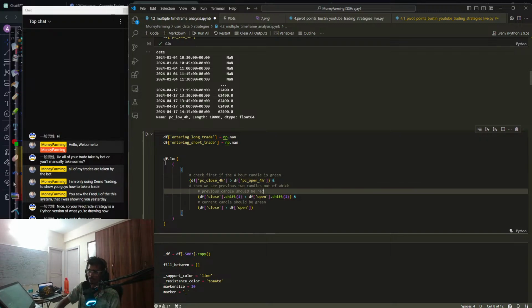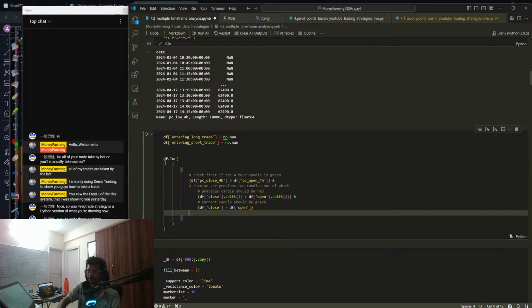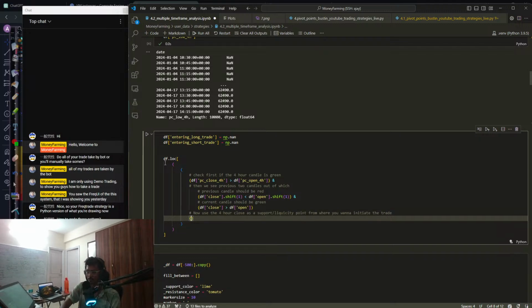What I want to do now is use the 4-hour close as a support or liquidity point from where you want to initiate the trade. So this is how it looks.